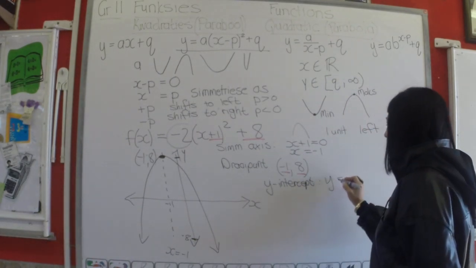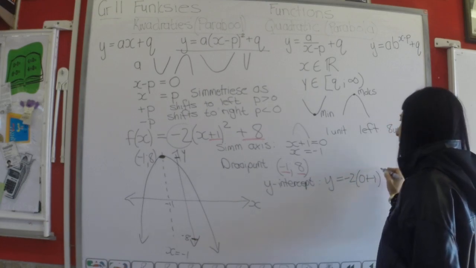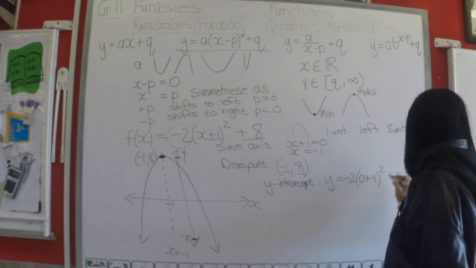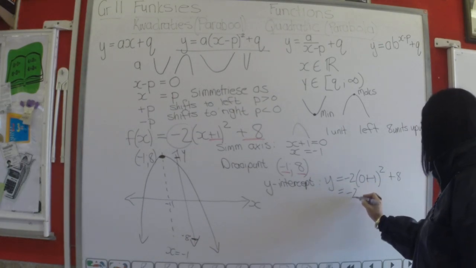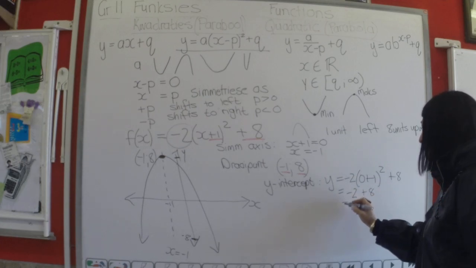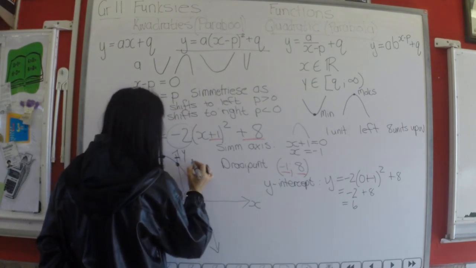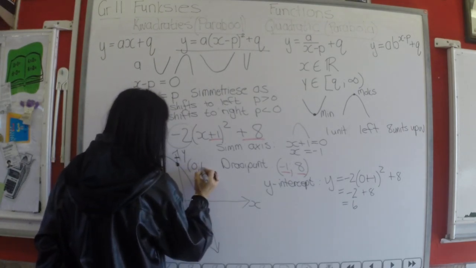So y equals minus 2(0 plus 1) squared plus 8. So that's going to be minus 2 times 1 plus 8. En dit geef my 6. So my y-afsnit is die waarde (0; 6).